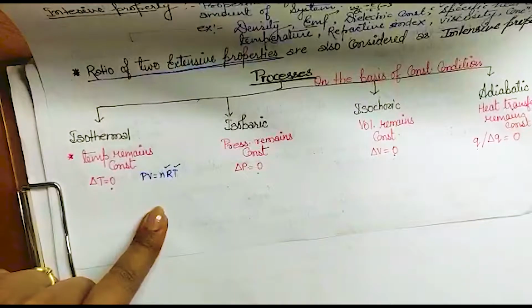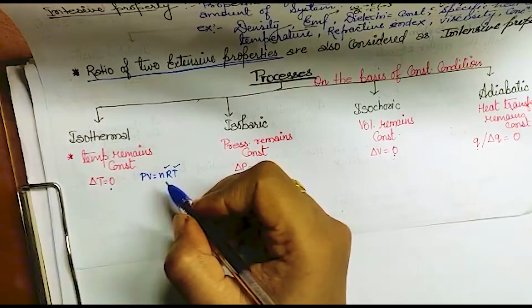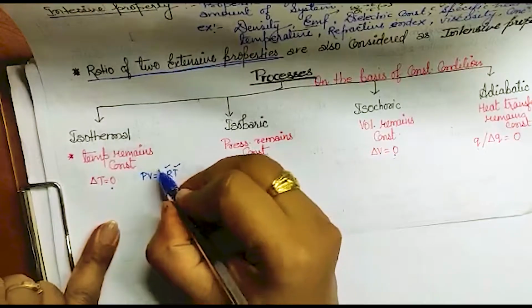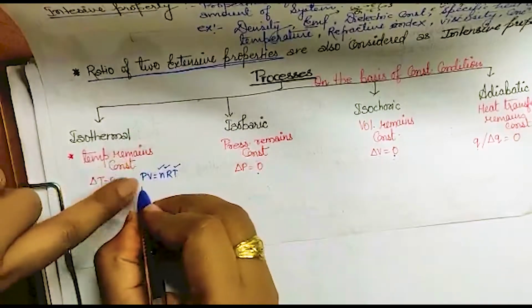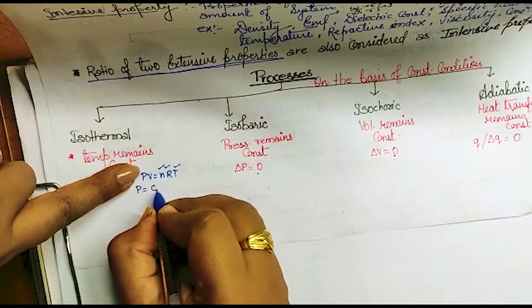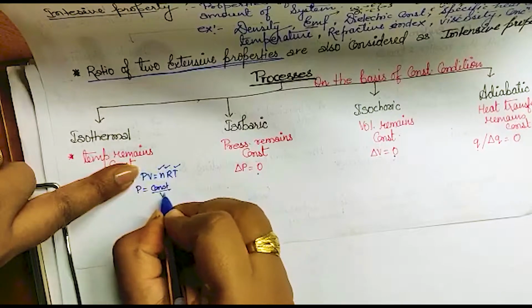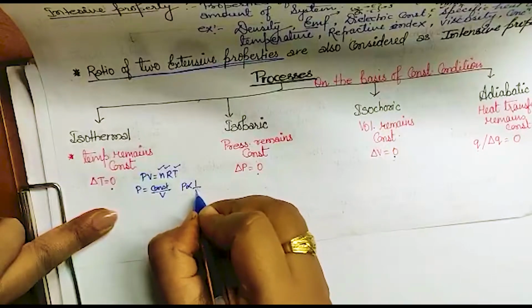R, the universal gas constant, will be constant, and the amount of gas which we have taken is also constant. So what will happen? P is equal to constant upon V, can I say? That means P is inversely proportional to volume.